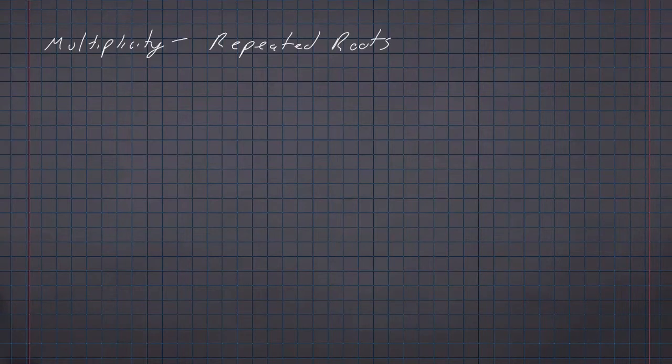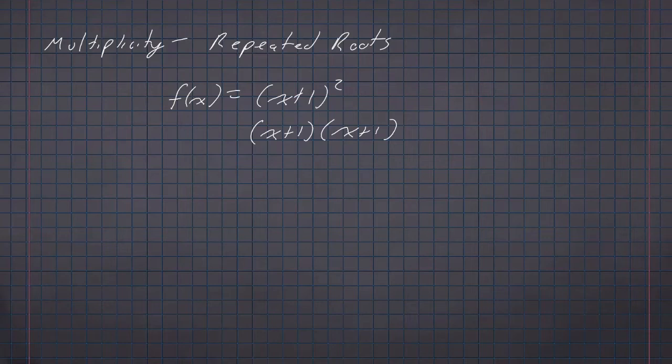For example, if I'm looking at the function f of x equals (x plus 1) squared, I might write that as x plus 1 times x plus 1. And if I set it equal to 0, I get that x is -1 or x is -1. The fact that the same solution comes up twice is called a repeated root.